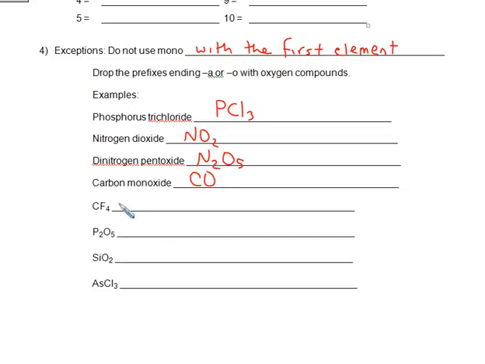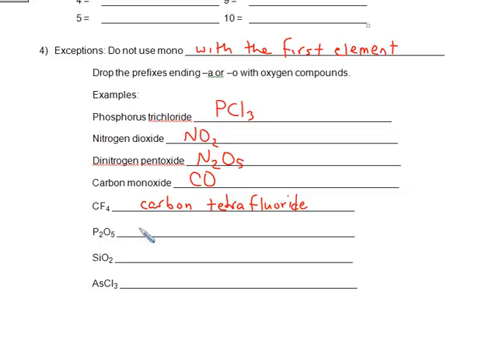Okay, let's try going the other way. We're going to go from formula to name. We have one carbon, but we don't use mono in front of the first element, so it's just carbon. We have 4 fluorines, so we use the prefix tetra, and it's fluoride. So you are ending with the -ide with the second element.